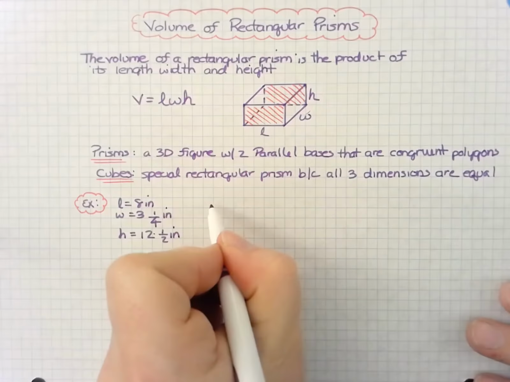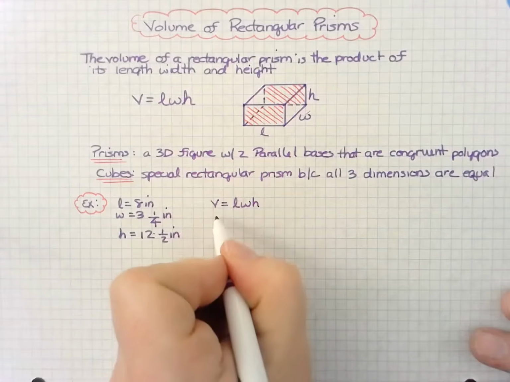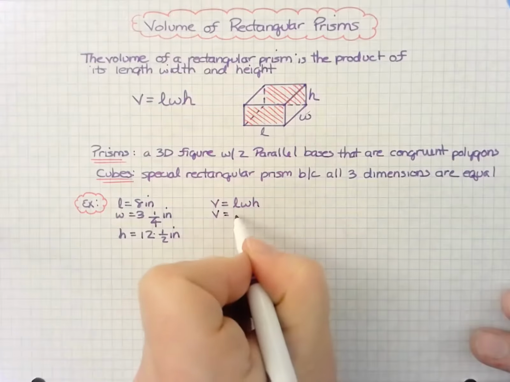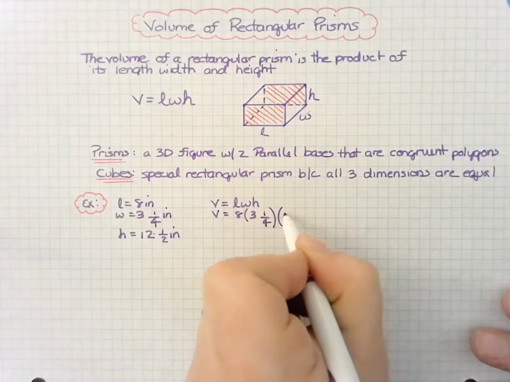Well, I set up my volume formula. Volume is equal to length times width times height. Plug in the parts that I know, so we have 8 times 3¼ times 12½.